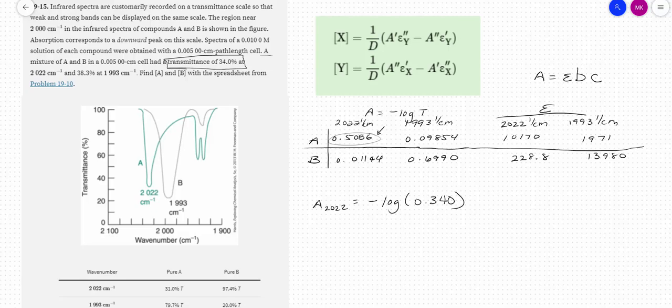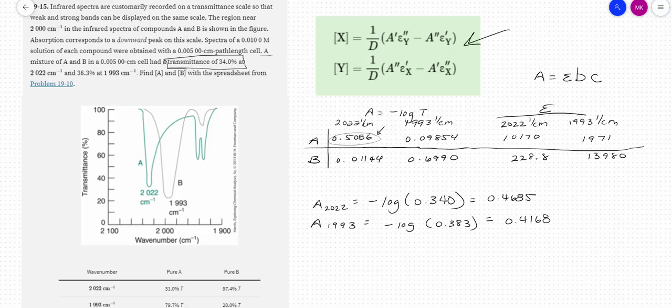I'm looking for the absorbance. So the absorbance here is going to be 0.4685. Now do the same calculation at the other wave number. So I'm taking the negative log of 0.383 and I get an absorbance of 0.4168.